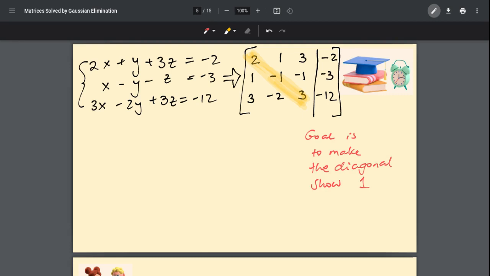And then below, right here, you want to have 0 for each entry. Okay, so this is the goal. Below you want to have zeros.